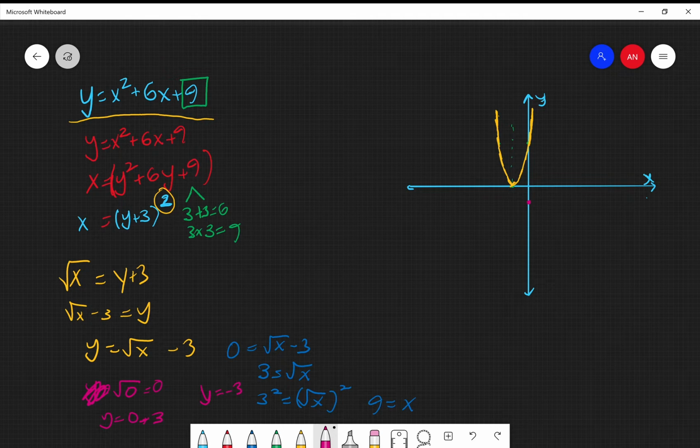So (9, 0) will be our x-intercept. Okay, same thing as before, line of symmetry comes. A point shall exist here.